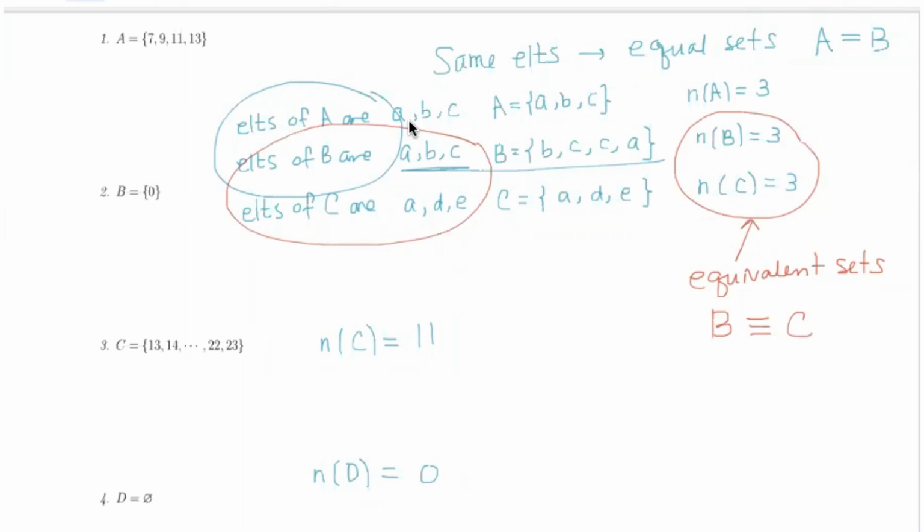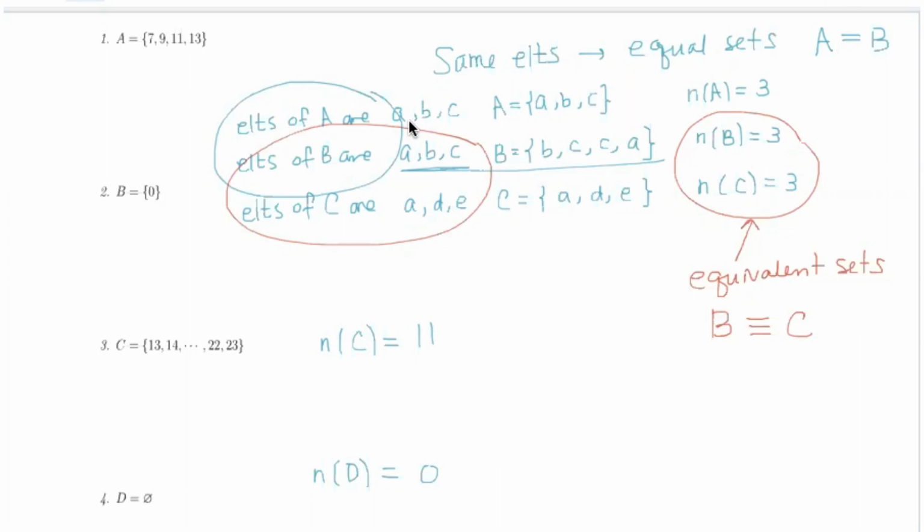Equal sets have the same elements. Equivalent sets have the same number of elements. Do you understand this? Equal set means same elements. Equivalent set, same number of elements. Okay. Let me give you one more example before we exercise.